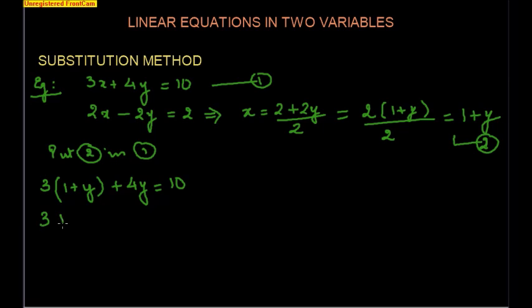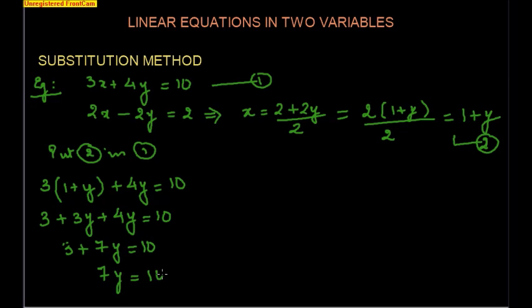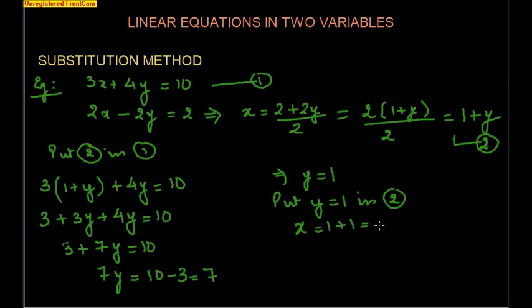I open the brackets, I get 3 plus 3y plus 4y is equal to 10, or 3 plus 7y is equal to 10. 7y becomes 10 minus 3, which is equal to 7, or y becomes equal to 1. Now I put y equal to 1 in second equation, which is this. So I get x is equal to 1 plus 1, which is equal to 2.